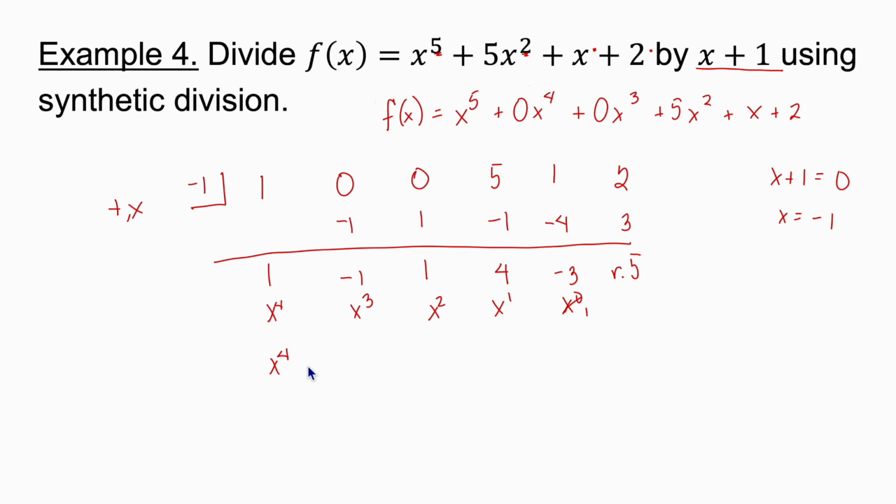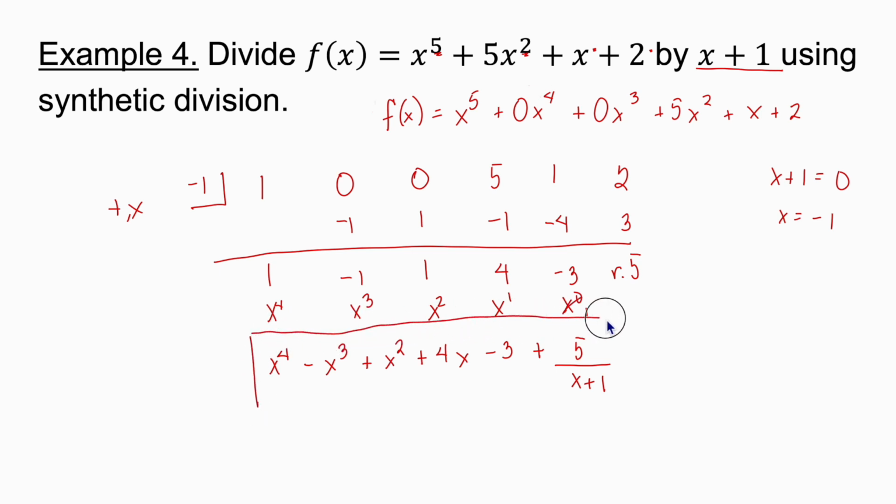Negative 1 times x cubed is negative x cubed. 1 times x squared is positive x squared. 4 times x is 4x. Negative 3 times 1 is negative 3. Plus, yung remainder na 5 divided by kung ano yung divisor nyo dito. X plus 1. So, that is now our final quotient.